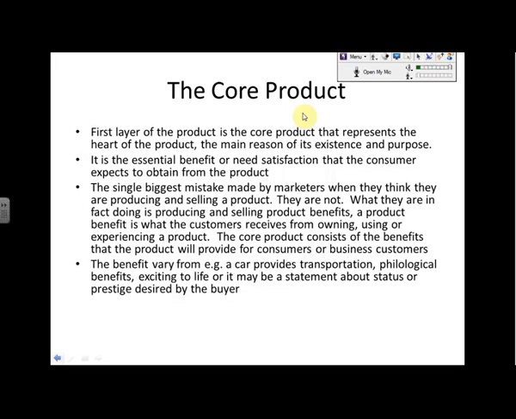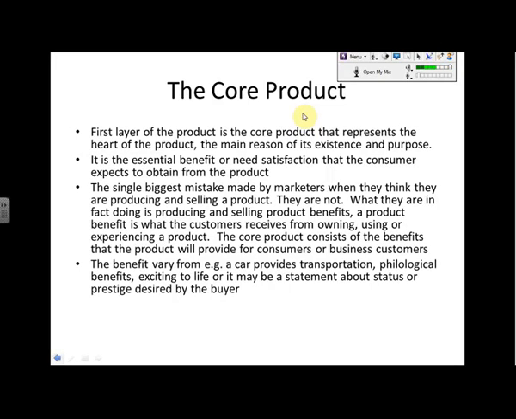It is the essential benefit or need satisfaction that the consumer expects to obtain from the product. The single biggest mistake made by marketers when they think they are producing and selling a product, they will tend to concentrate and just say that they are selling a what?